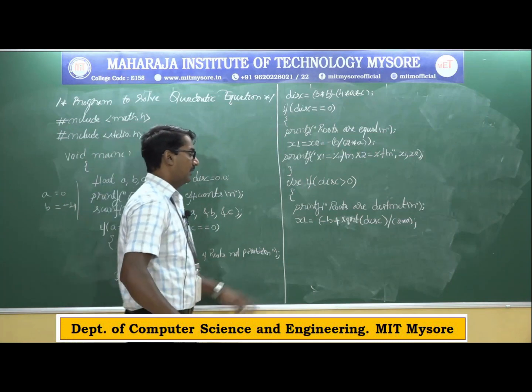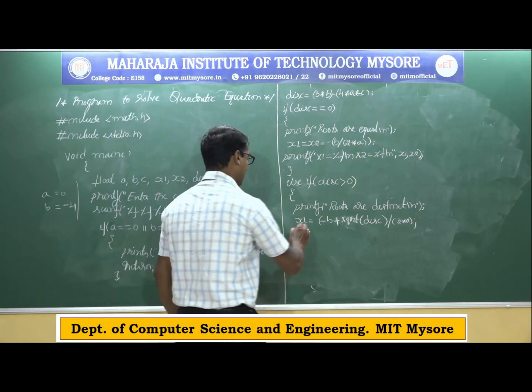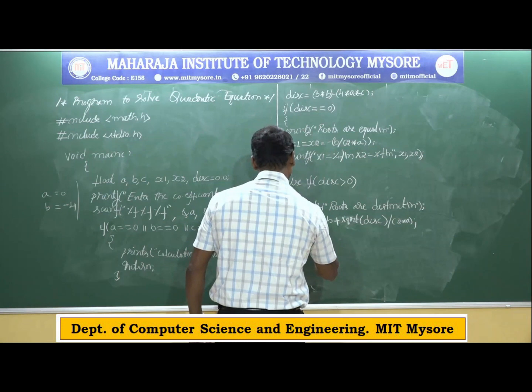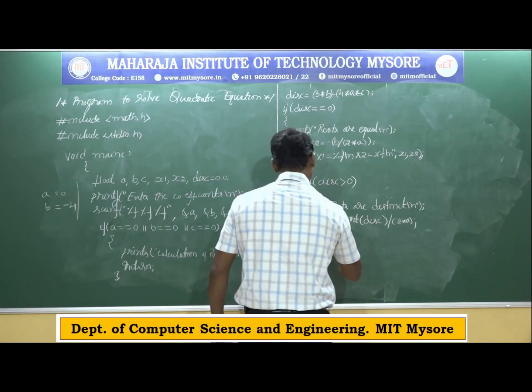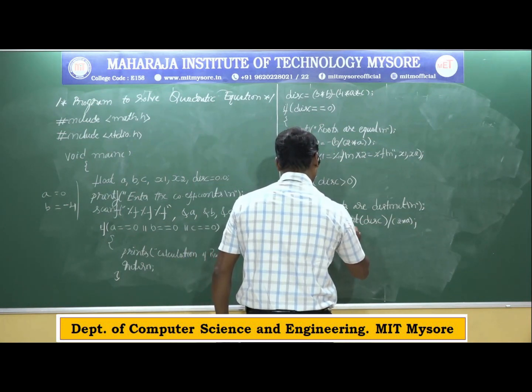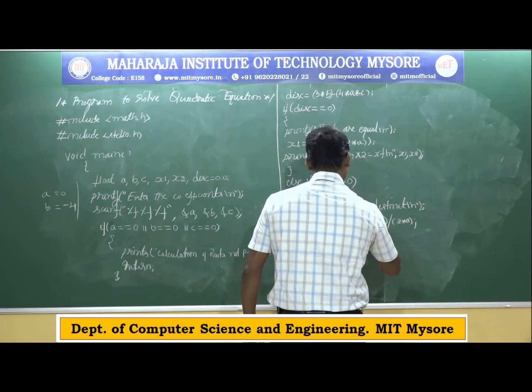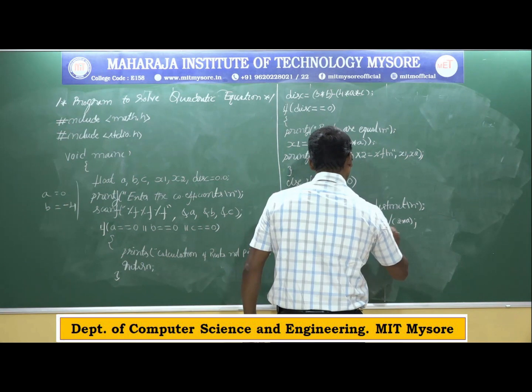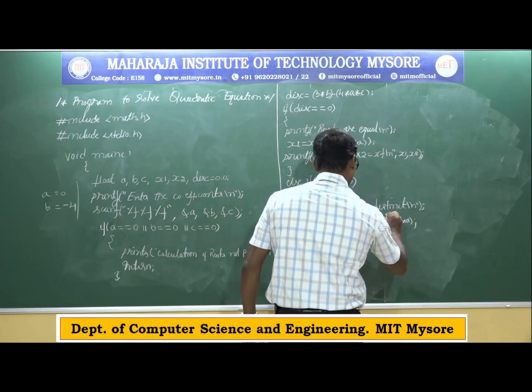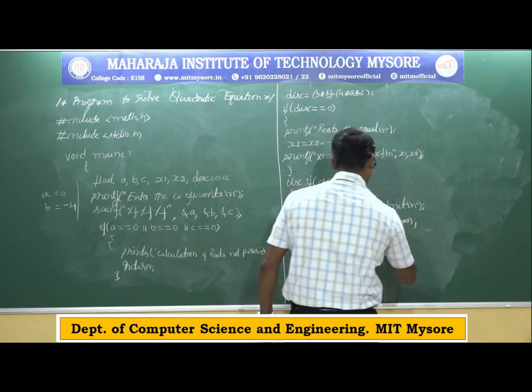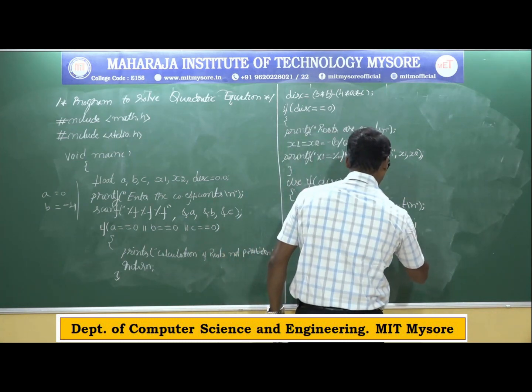Next, x2 is equal to minus b minus sqrt DISC, divided by 2 into a.